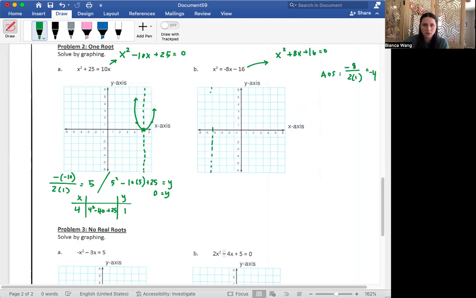My axis of symmetry. And then I'm going to guess that my vertex will be on the x-axis, but let's just double check mathematically.